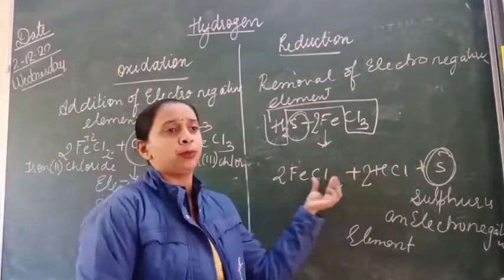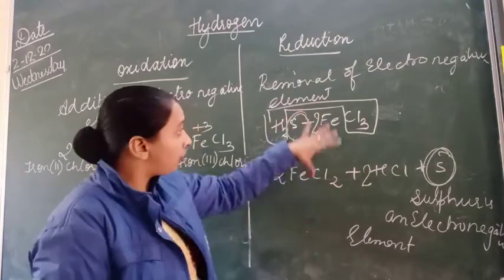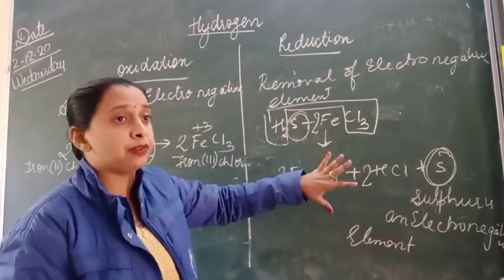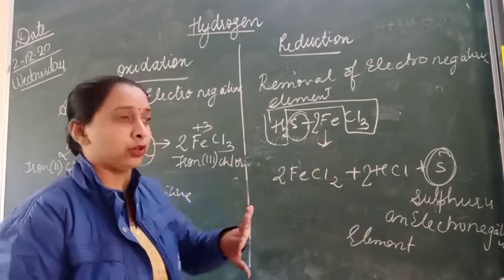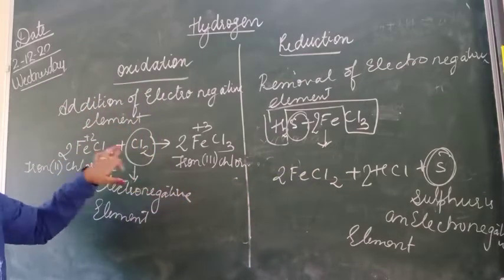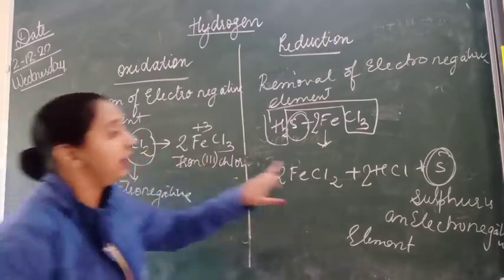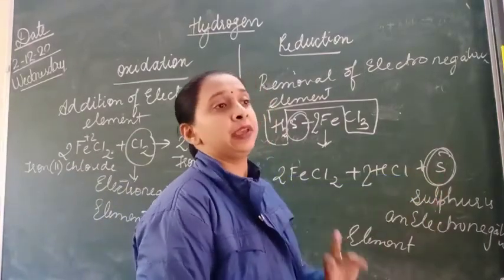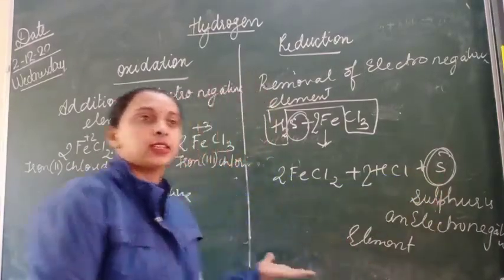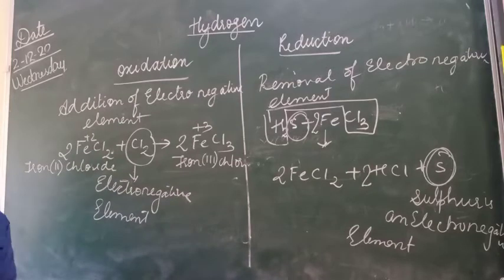You can show addition in this also. You have to understand in what terms they have given this example. Here an electronegative element is being added, and here an electronegative element is being removed. So hence it is oxidation reduction.